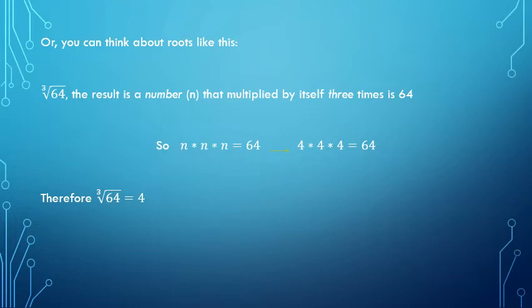Remember, n is the name that we give to that number because we don't know it yet. And with a little bit of trial and error, you can see that 64 is equal to 4 times 4 times 4. So you repeat the 4 three times in that multiplication to get 64. That means that 4 is the result of that root.